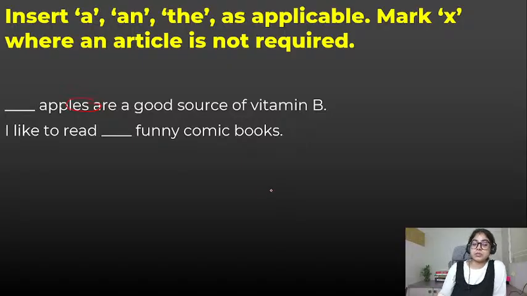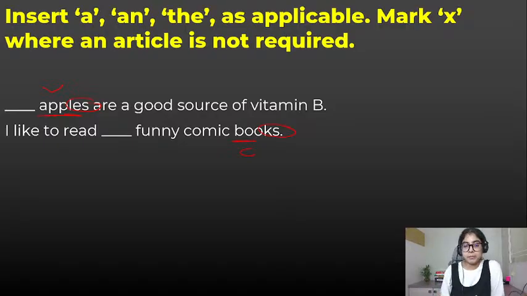Similarly, in the next one, I like to read dash funny comic books. Okay, although books is a consonant, just like this was a vowel, this is a consonant, but they are all in plurality, so I can't use a or an. क्या मैं the use कर सकती हूँ? अगर मैं specific apples की बात कर रही होती, for example the Kashmir apples are a good source of vitamin D, then the is justified क्योंकि specific apples की बात हो रही है.